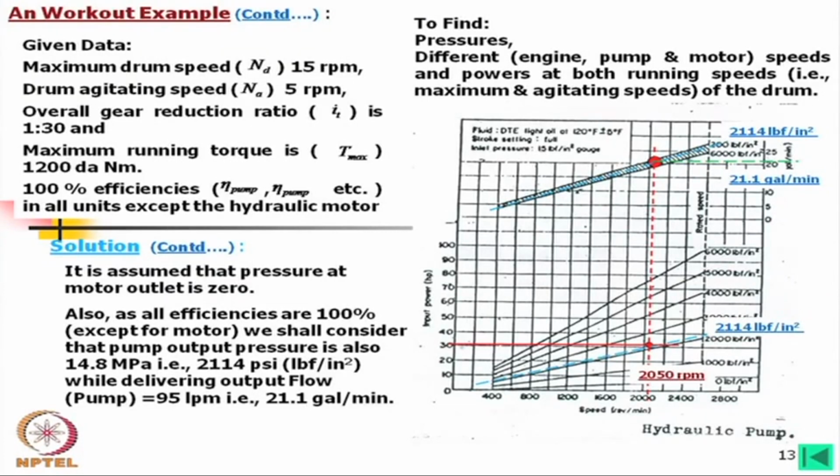30 horsepower means what will be in kilowatt? 1.6 horsepower is equal to 1 kilowatt, isn't it? So, 30 divided by 1.6, around 18, what we have calculated there. Okay. So, I think we made a mistake here.